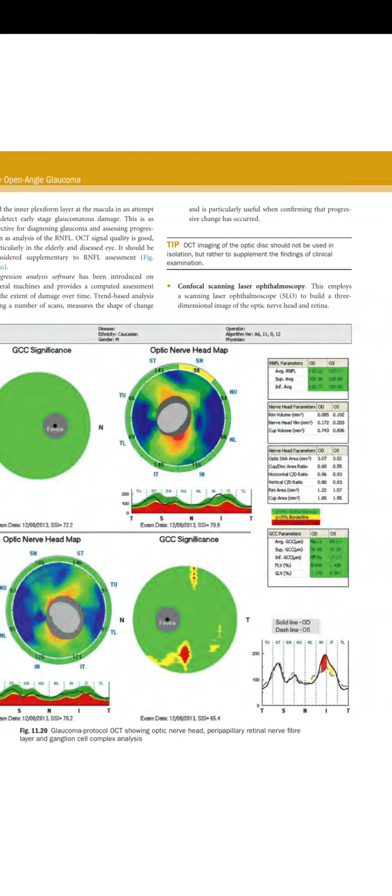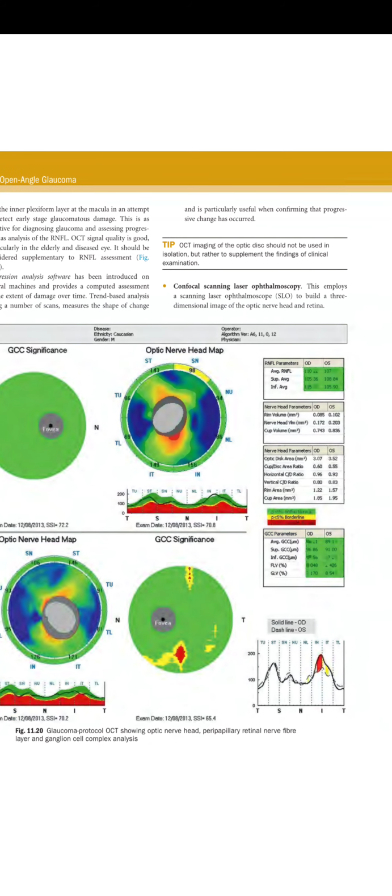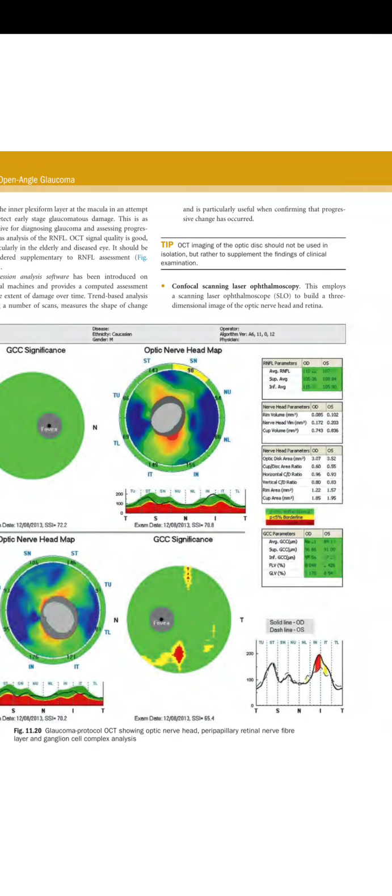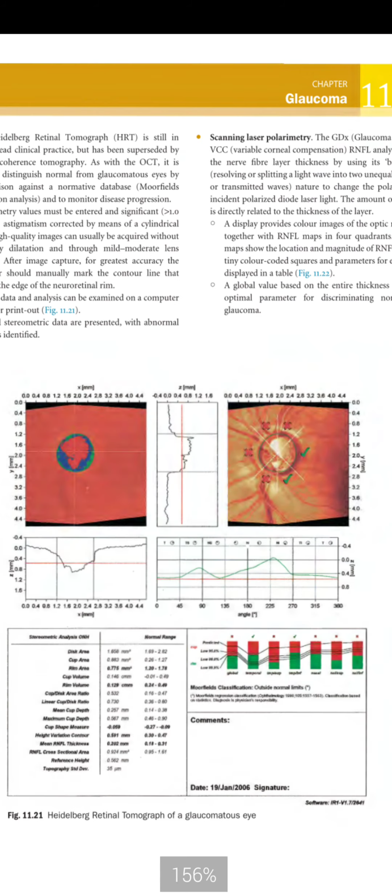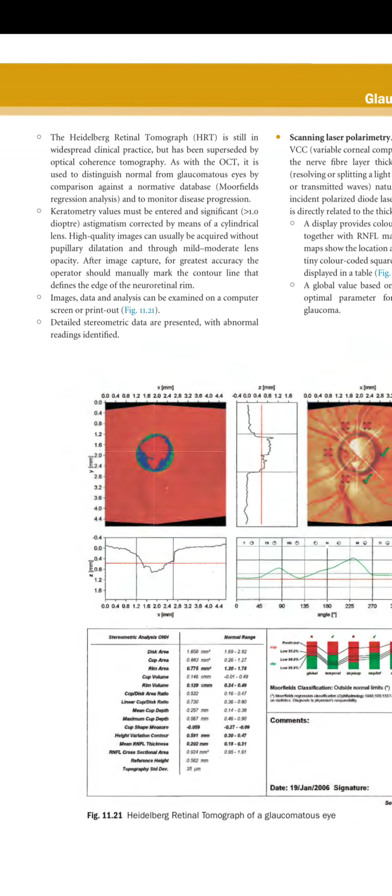So, confocal scanning laser ophthalmoscopy. This employs a scanning laser ophthalmoscope to build a three-dimensional image of the optic nerve head and the retina. So it basically has a 3D image of the retina, and it will detect the optic nerve changes. The Heidelberg retinal tomography is still in widespread clinical practice but has been superseded by the OCT.